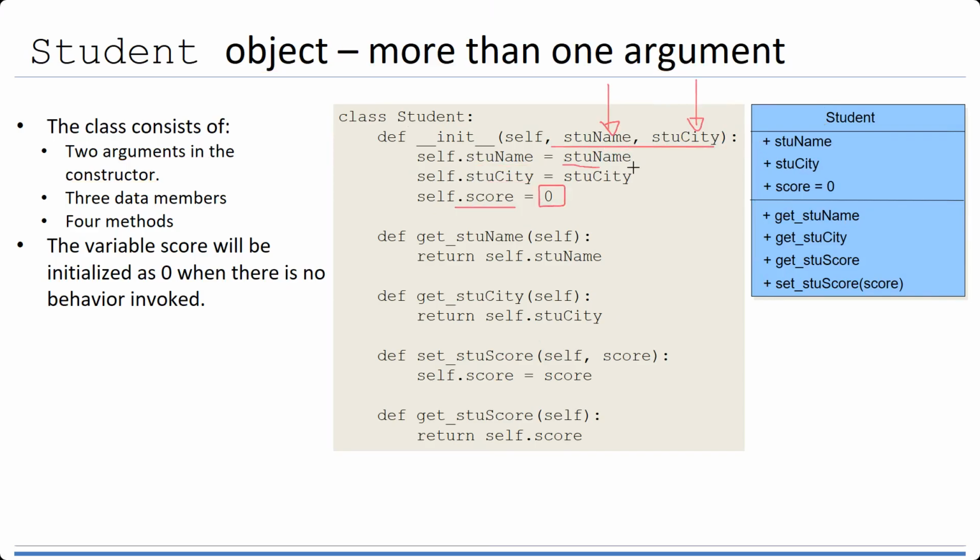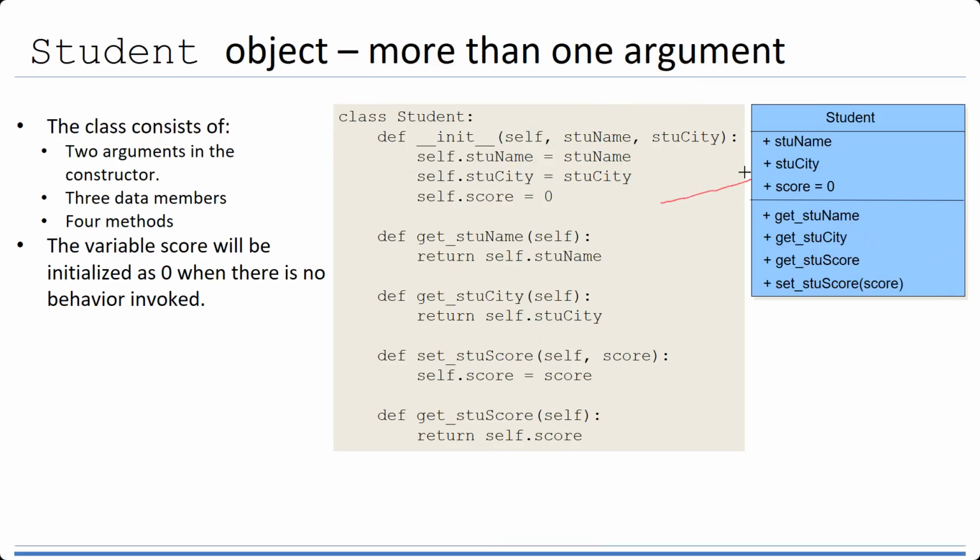If I call the student name, it will be saved into the data member student name. If I input the student city, it will be saved into the variable student city. And the student score, or the variable score, will start from 0.